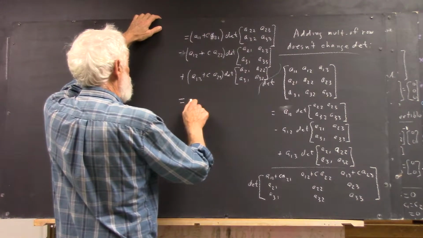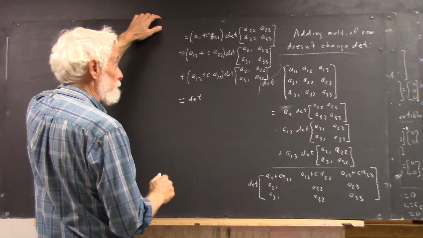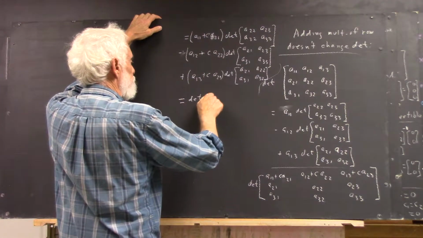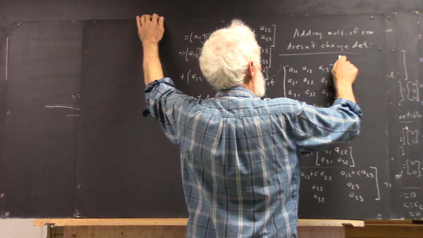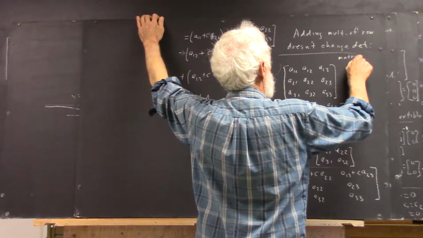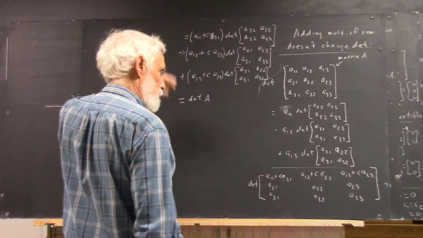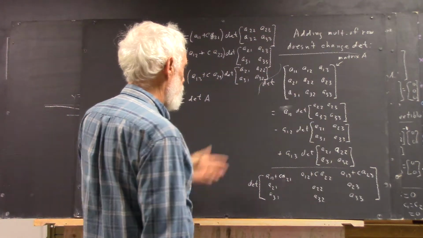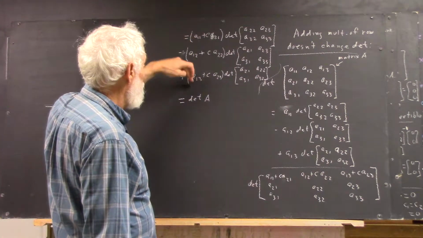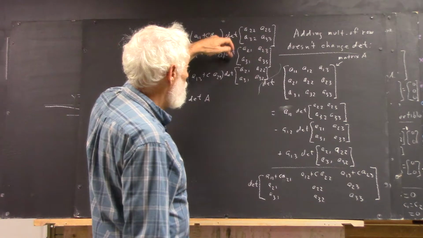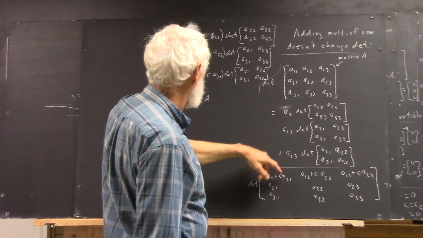So that is the determinant of our original matrix, which I didn't call A, but I should. So this is the determinant of A here. And of course, if I just take these three factors times the determinants of the minors, I just get this.